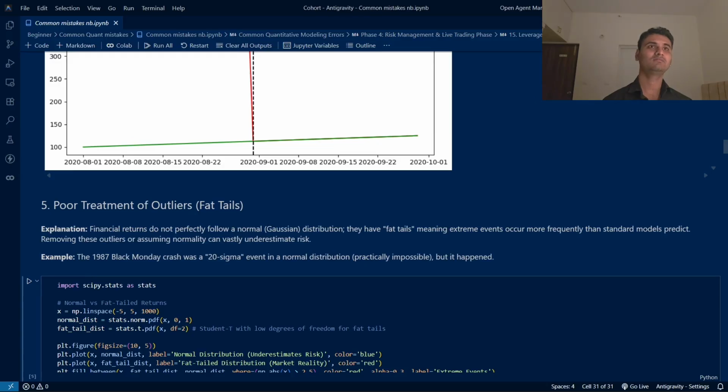I was reading maybe a year ago about a quant firm that tried to replicate Renaissance Technologies, but they failed to treat outliers and fat tails. If I remember correctly, they were highly leveraged on a country that they assumed would not default on its debt, but that country did default, and since they were highly leveraged, there was an immediate drawdown.